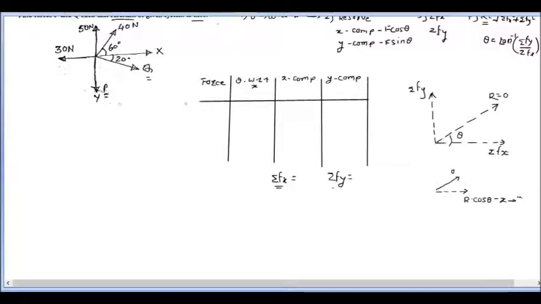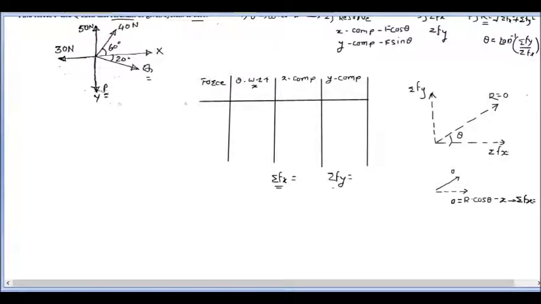So we can equate this to summation of Fx, and as given in our problem, this is equal to 0, because if R is equal to 0, whatever angle R makes with respect to x or y, ultimately the total term is 0. So summation of Fx will be equal to 0.